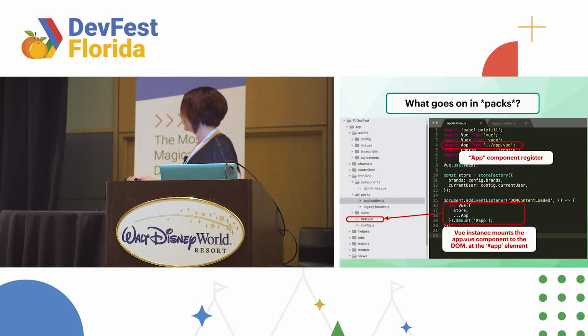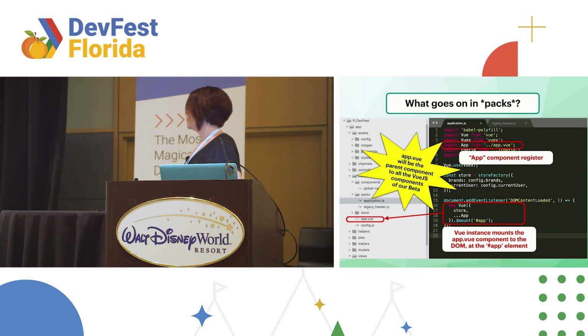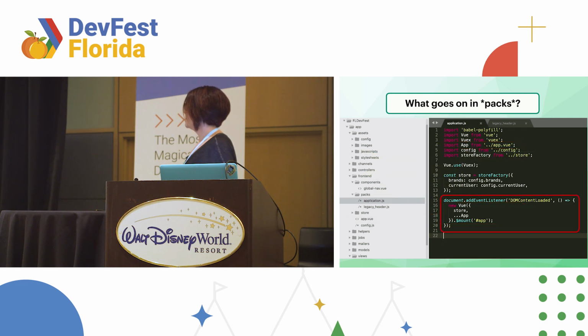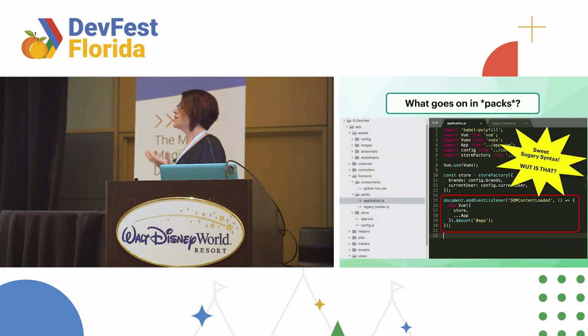And there it is. That is the parent component for the whole single-page app. App.view will be the home for all of the VueJS components that we do build when they exist within the single-page application. And you're probably looking at that and saying, sweet sugary syntax, what is that? This is supposed to be a reactive framework. Why are we adding a document add event listener when the DOM content is loaded?